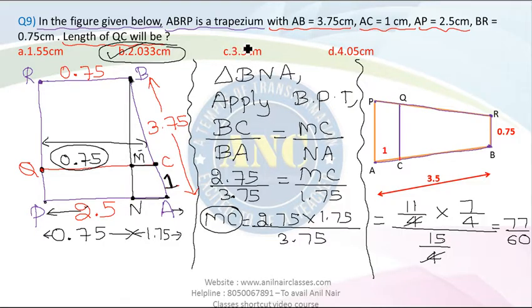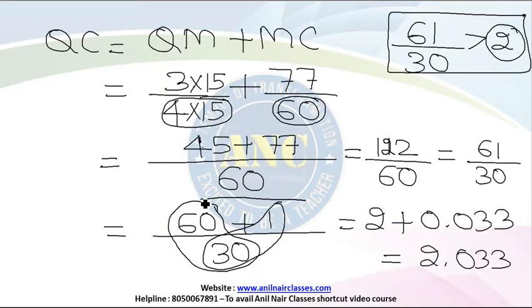Sir, what if another option is 2.076 centimeter? This is also slightly greater than 2. How to identify? I already told how to find out the exact value. 60 by 30 is 2, 1 by 30 is 0.033. Answer should be equal to 2.033. I hope the idea is very clear for you people, sir.